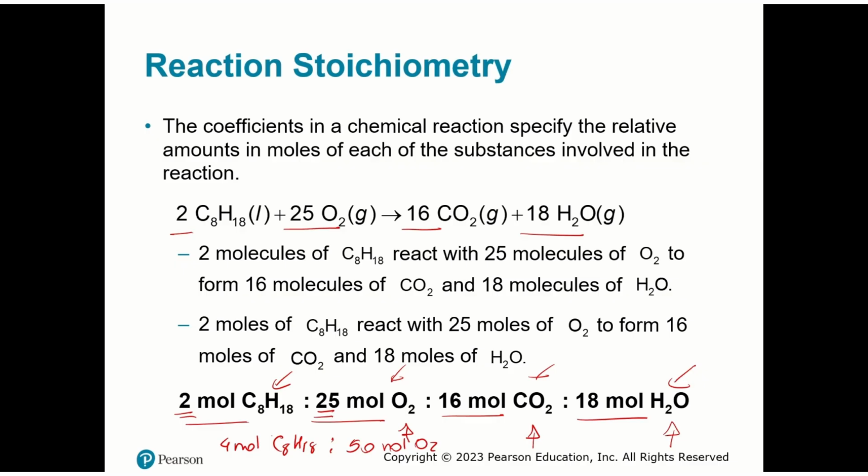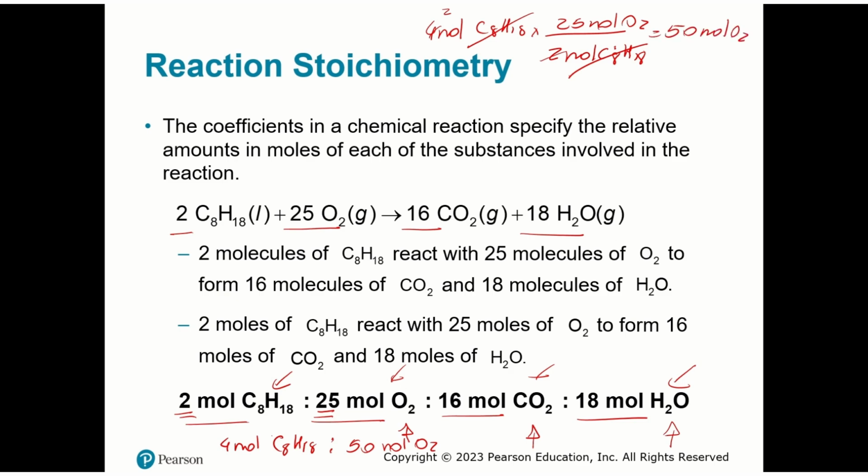How did I get that? I know I have 4 moles of octane, and I know that 2 moles of octane are needed to react with 25 moles of oxygen. So we cut this and this, and I know this will be 2 times 25, 50 moles of oxygen.